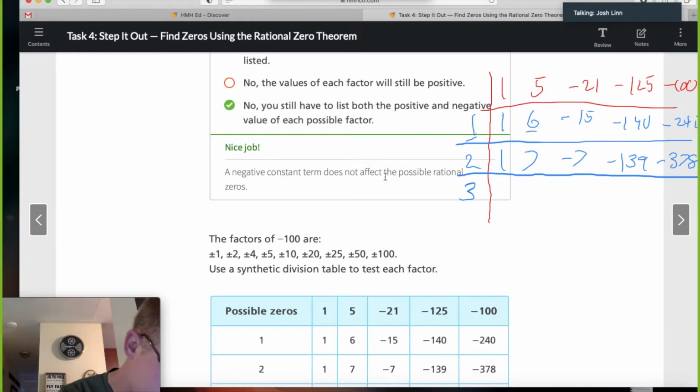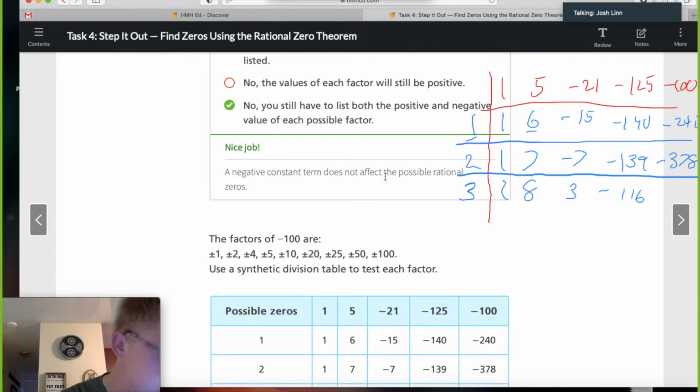So first number comes down. 1 times 3 is 3, plus 5, 8. 8 times 3, never good at my 8s, 24. So that's a positive 3 when we add it to negative 21. 3 times 3 is 9. Add it to the negative 125. Negative 116.